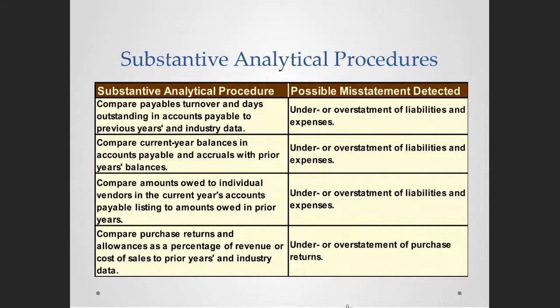If there are any purchase returns, they're shown on the financial statement as a percentage of the sales. So let's take a look. We don't have a purchase return on the financial statement that we just looked at. So I'll show it to you.